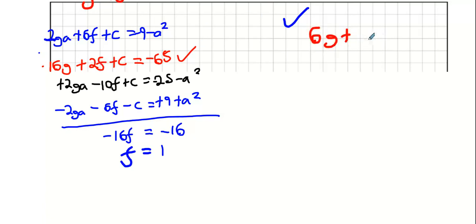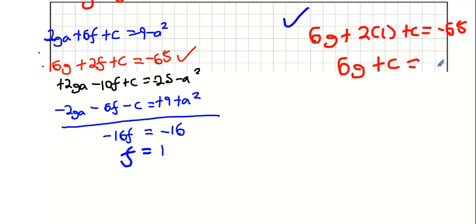Replace f with 1. And then what else are we going to do? So 6g plus c equals, what is it? 6 minus 67. Is that okay?